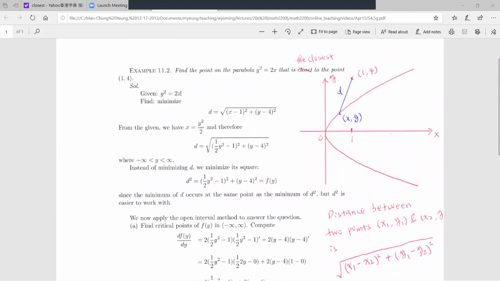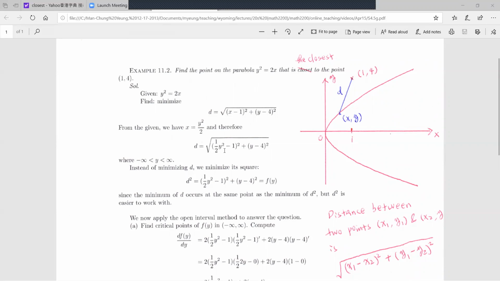From the given, we have x is y squared over 2. I plug this equation in for x, then I get this. So x, the variable, is gone from the d equation. So d only depends on y. Pay attention.